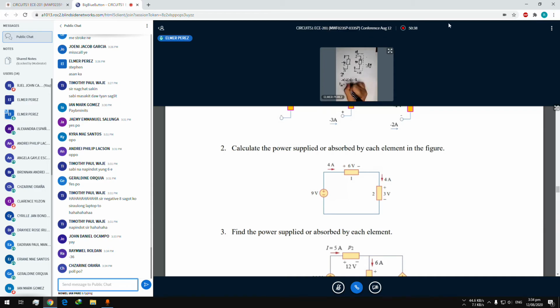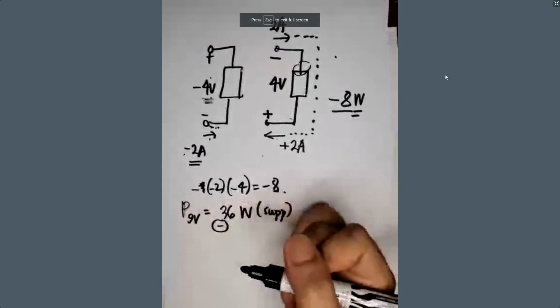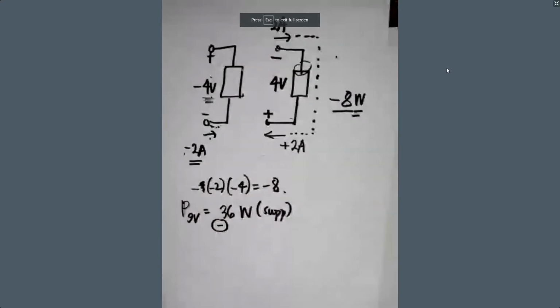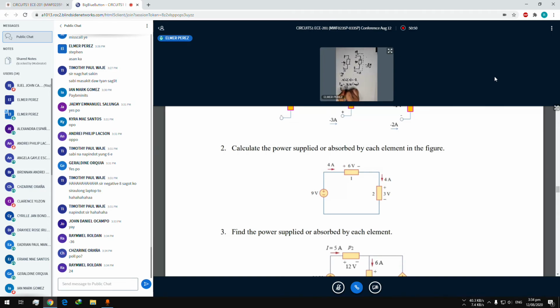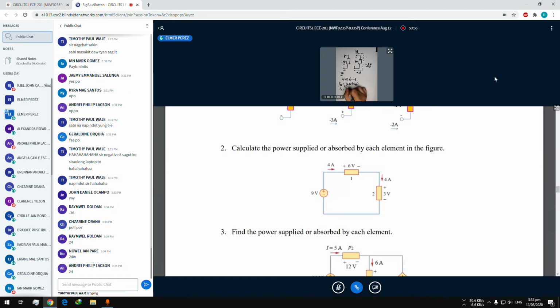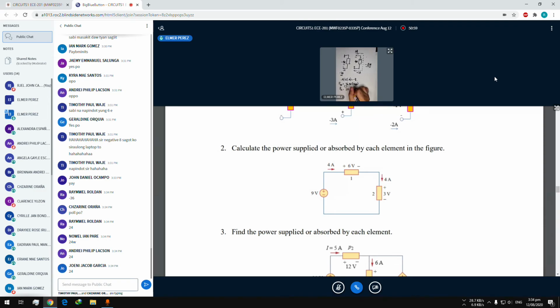So it becomes a negative. Okay, how about the power of resistor 1? What's the power of R1? Okay, so that's 6 times 4, 24. So tama, that's 24. Is it absorbed or supplied?